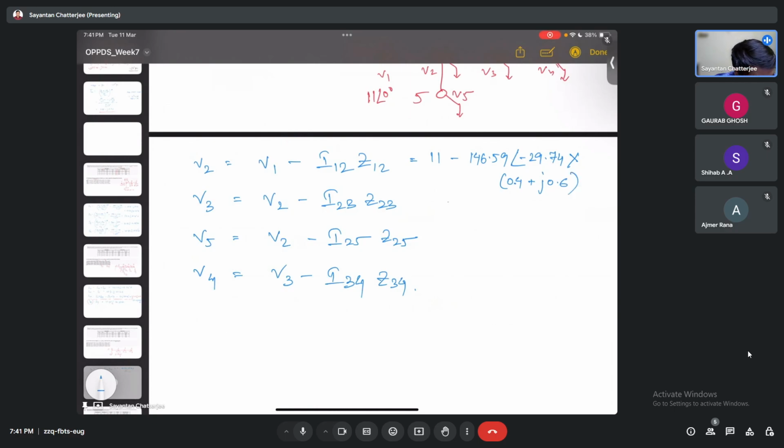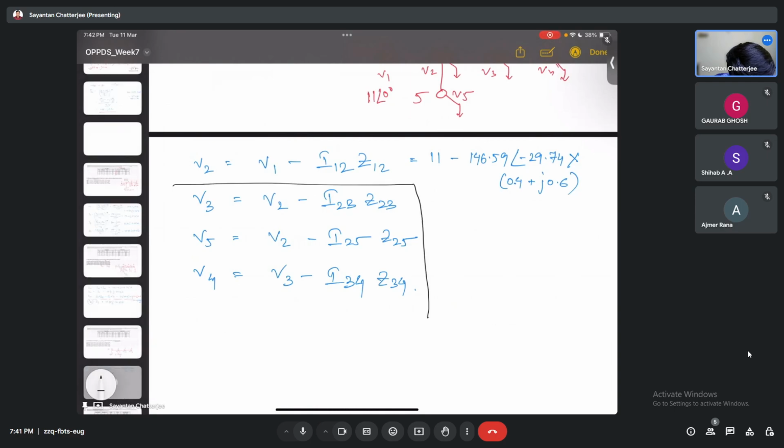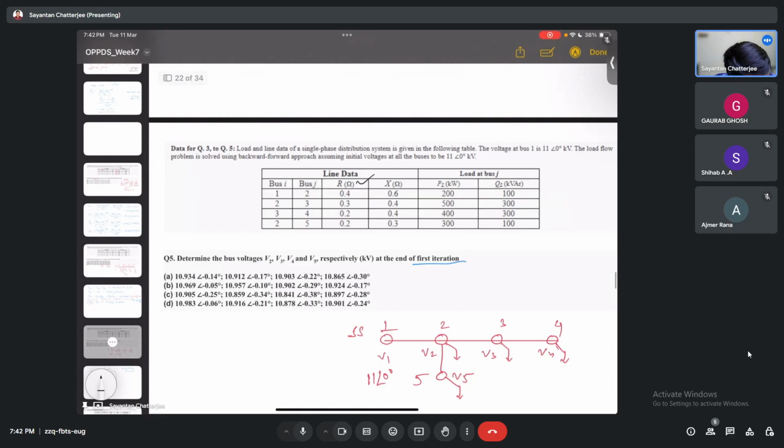So we need to convert it to rectangular coordinates. Z12 is given in table. Yes, Z12 is given, na? This R and X given.